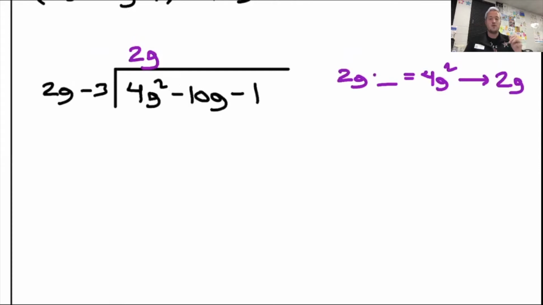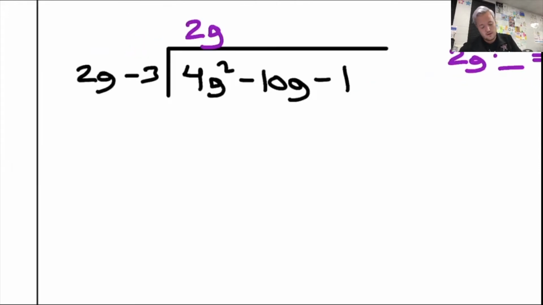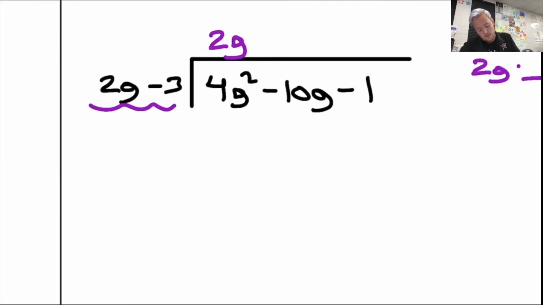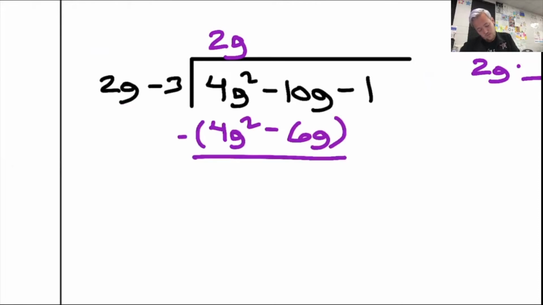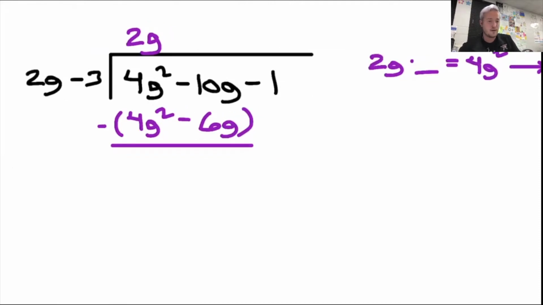All right. So now I want to do 2g times 2g minus 3. So I'm going to have 2g times 2g, which is 4g squared, and then 2g times negative 3, which is negative 6g. All right, so 4g squared minus 4g squared is 0, so those zero out.